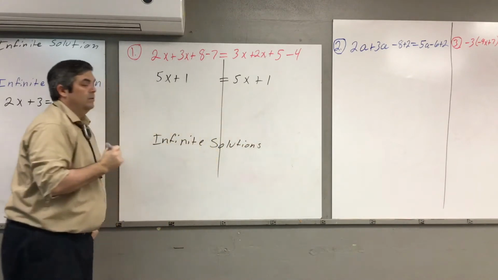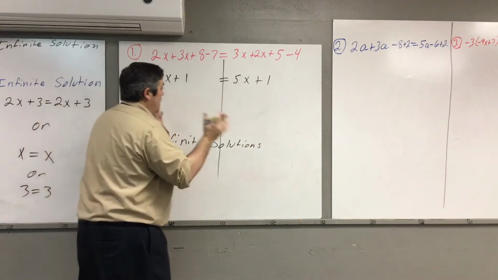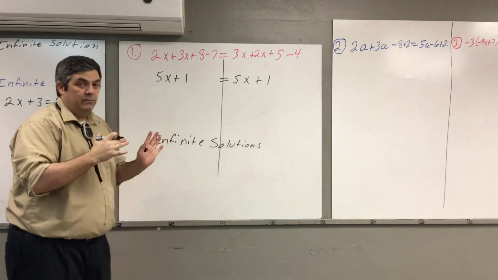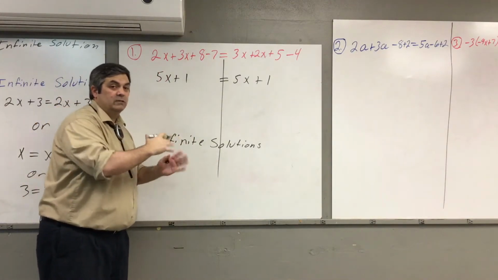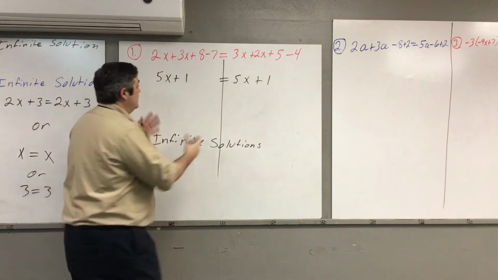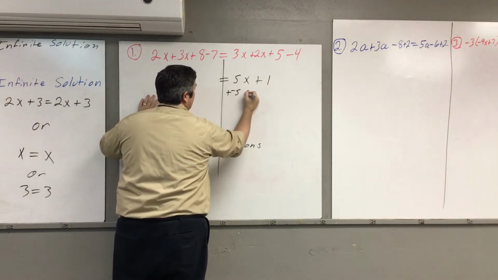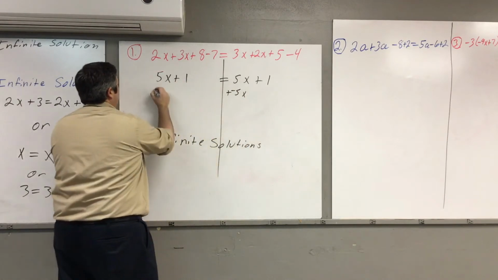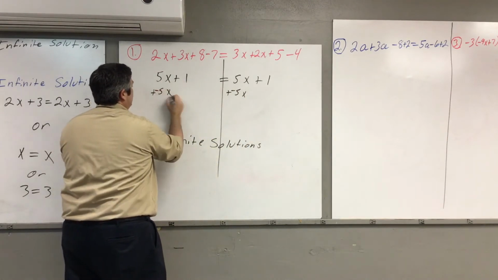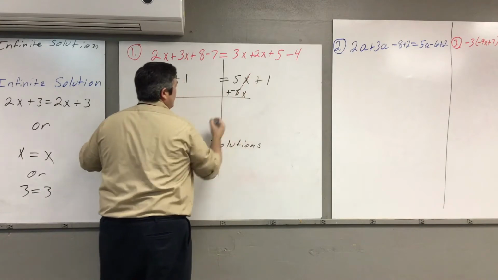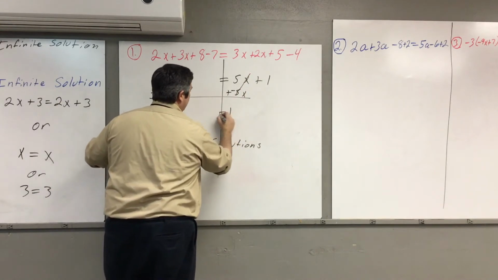Infinite solutions. Okay? Now, here, I'm going to go ahead and solve this all the way out so you can see what it looks like if you were to continue through. So I would subtract 5x, or add its inverse, add a negative 5x. This would cancel out and leave me 1 on this side.